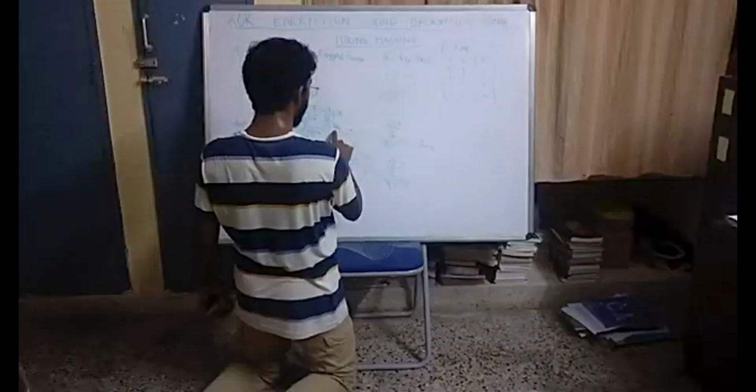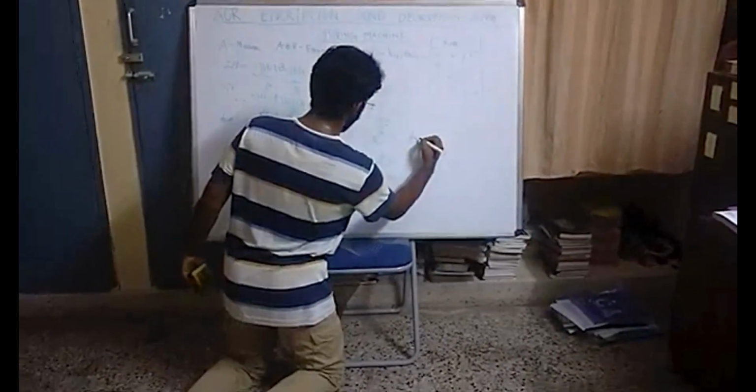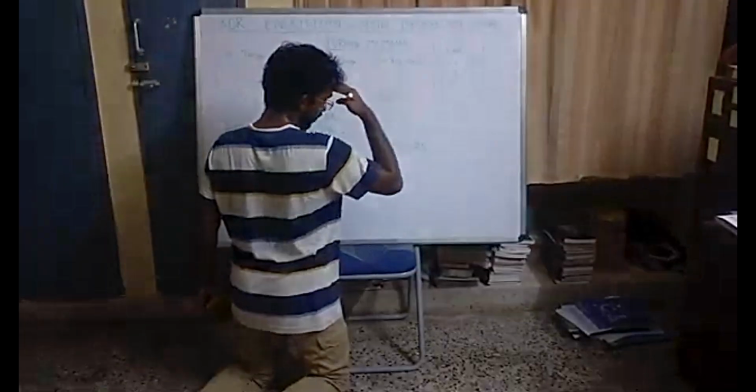because this is a 0 and 0, we are going to replace this blank with a 0 and go in the reverse direction.